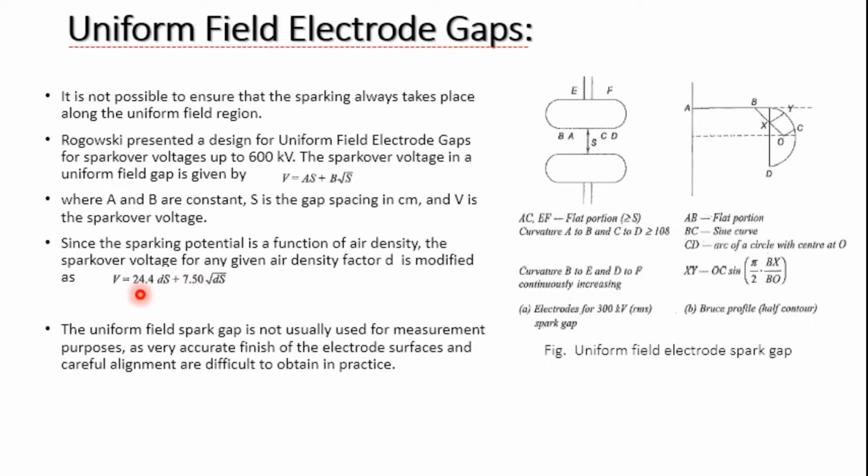So Bruce made uniform field electrodes with a sine curve in the end region. This is what we can observe in the second figure.